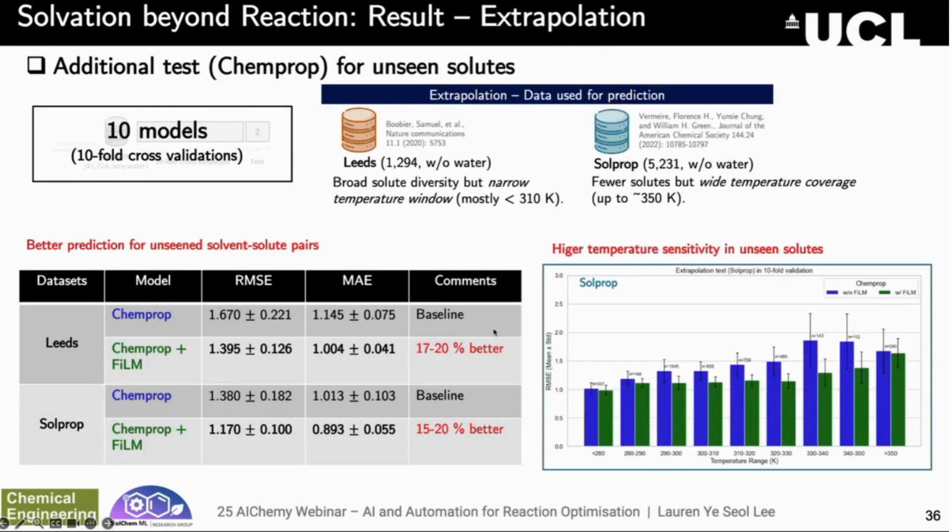In extrapolation to completely unseen solutes, temperature conditioning again improves the performance by 15 to 20% across two external data sets. The model also maintains better accuracy at high temperature, consistent with the earlier result.